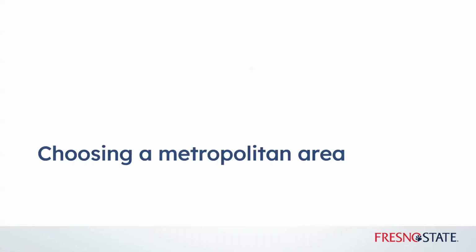Okay, so let's go into the next part here. How do you choose a metropolitan area? Because here's what might happen. You might decide, I want to map the community that I live in. Now, I am from a small town in Texas that is technically part of the Dallas-Fort Worth metropolitan area.